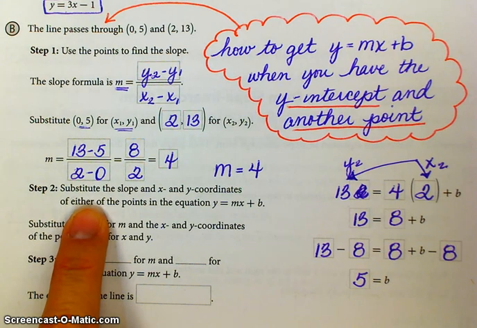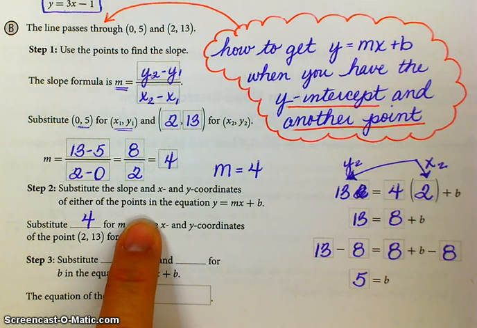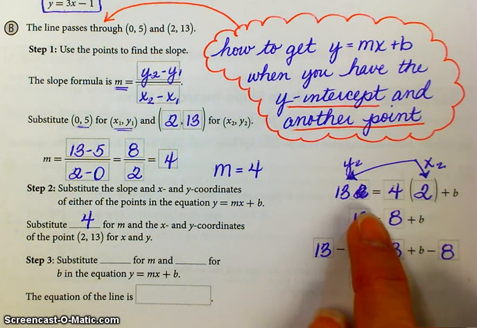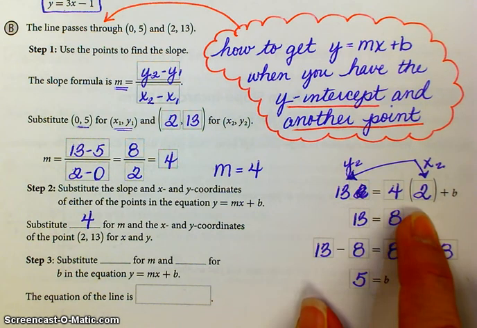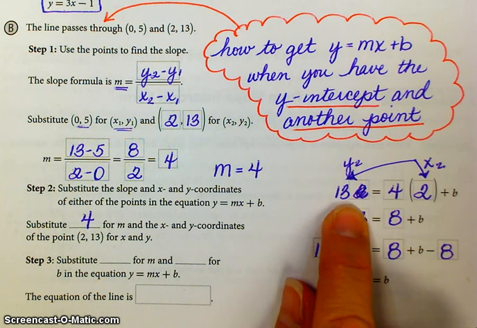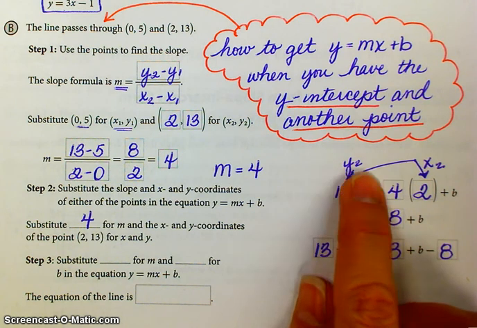It says to substitute the slope and the x and y coordinates of either one of the points. Either point will work as long as you stick with that one point. Don't mix and match, in other words. Plug those into the y equals mx plus b equation. I decided to use x2 and y2.